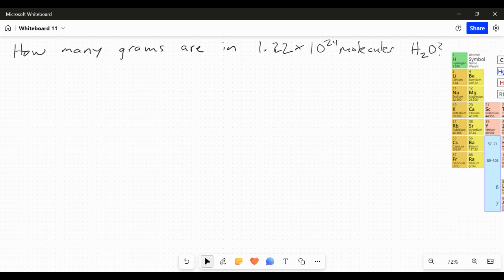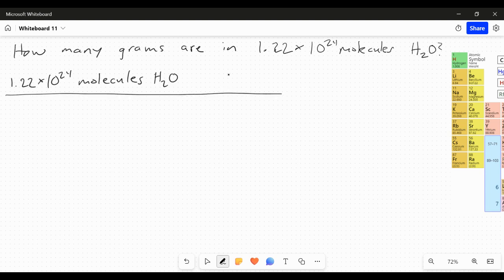I'm going the other direction now. So I'm going to start the same way. Write down what I know. 1.22 times 10 to the 24th molecules of water. Set up my chart. Copy my unit down.